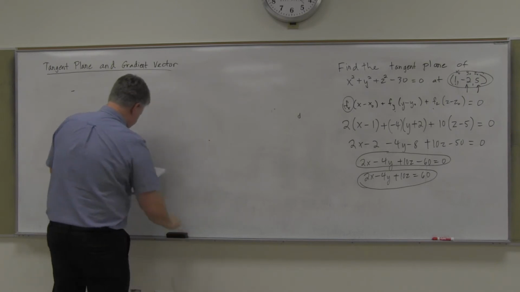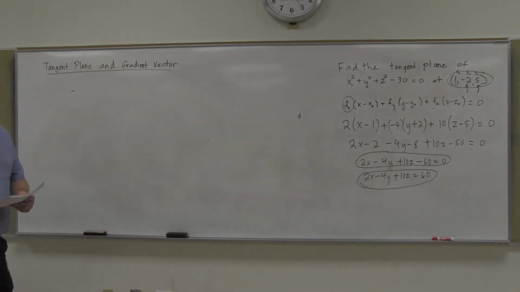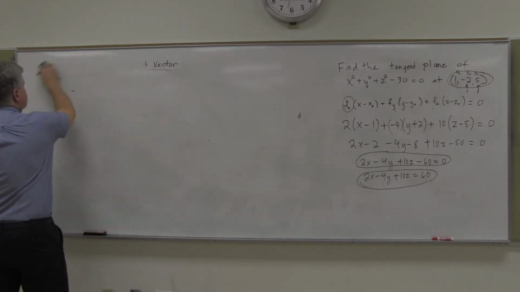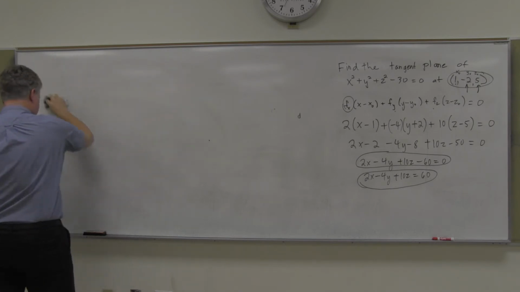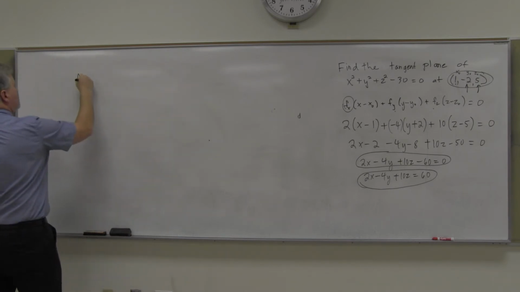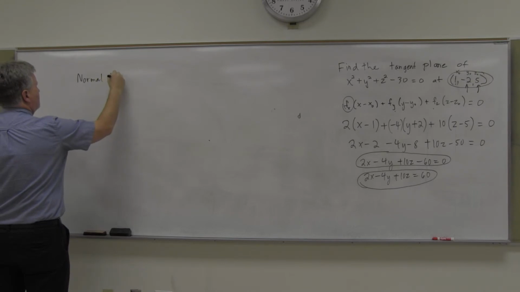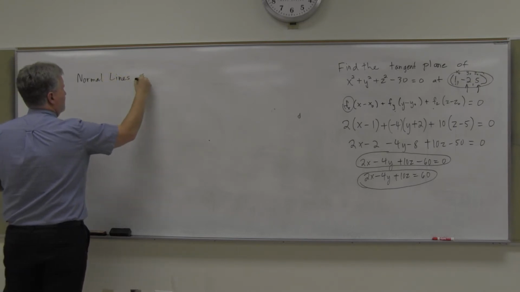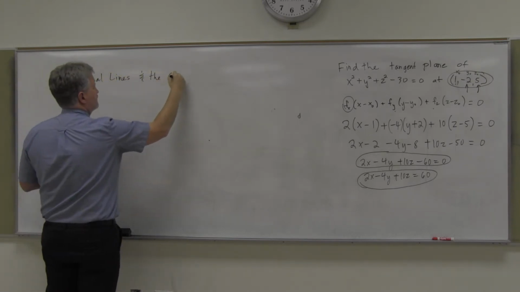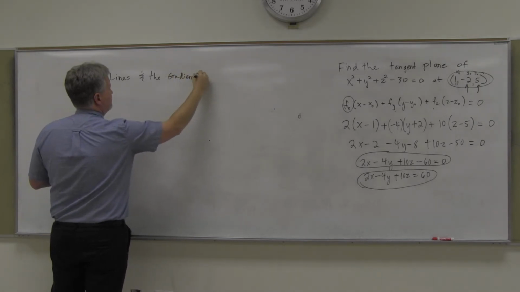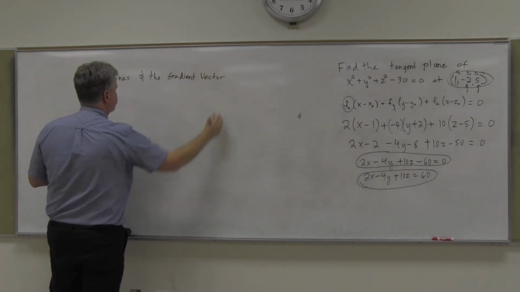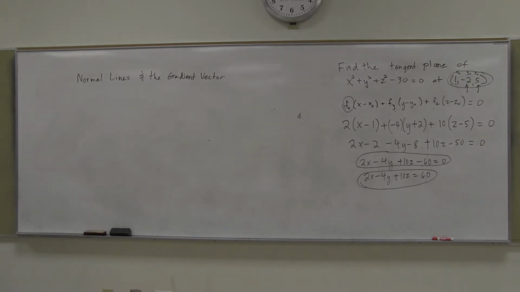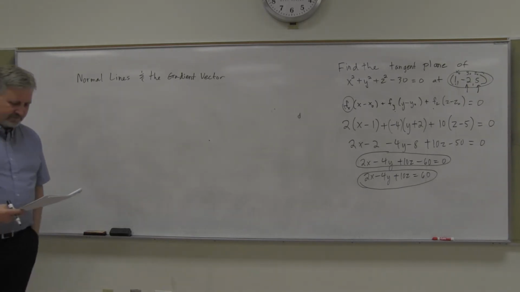All right, then we also talked about normal lines. It's almost kind of like a 2-for-1 deal with this gradient vector.